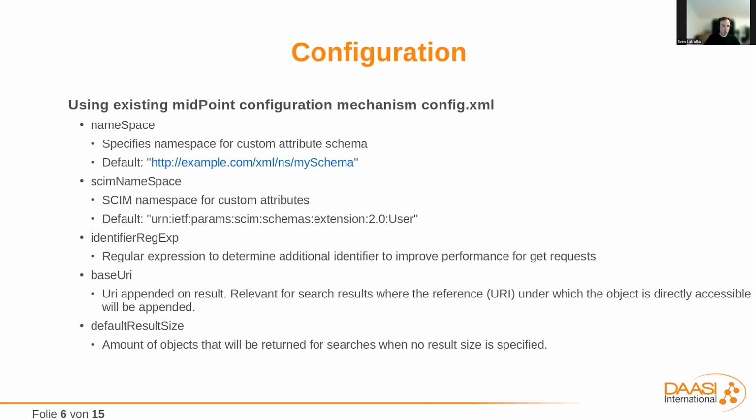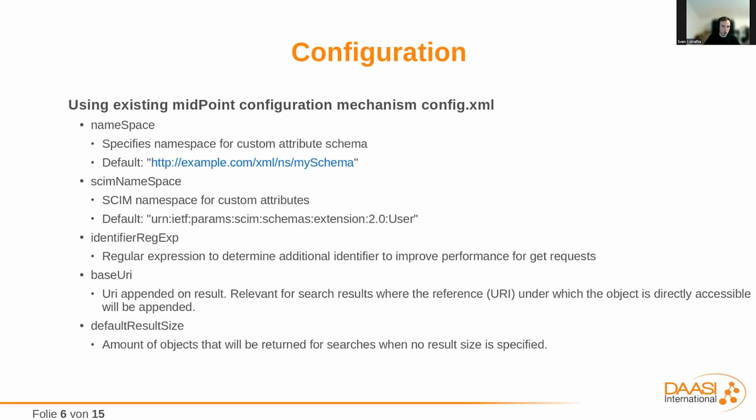You have to define a regular expression in the identifier regex which determines what kind of structure or type this additional identifier is. And then in the attribute configuration, you also have to define that this attribute is used as identifier. But we will come to that later.